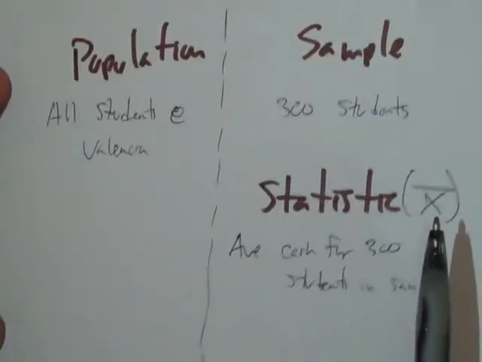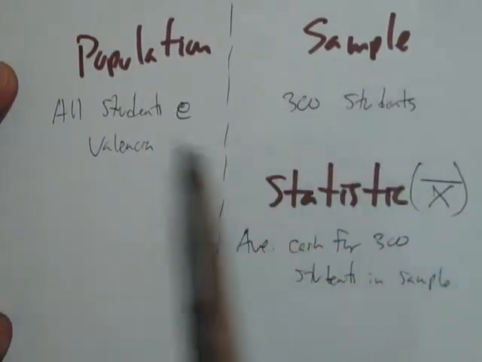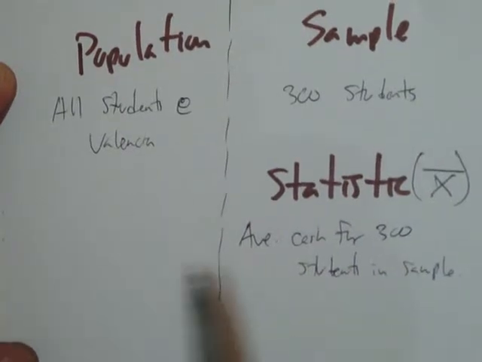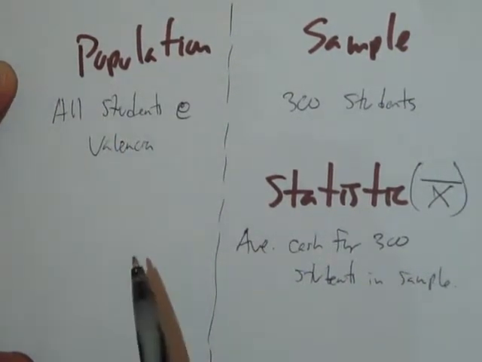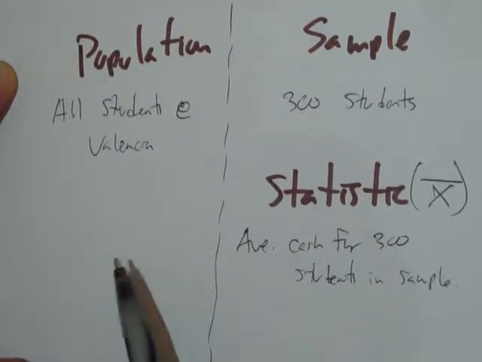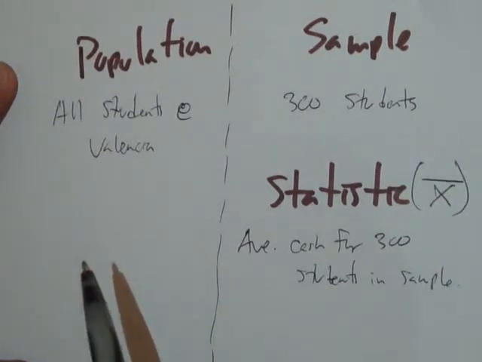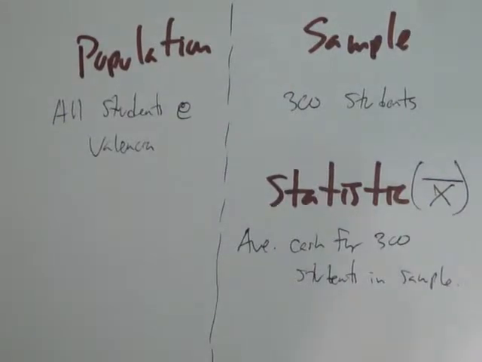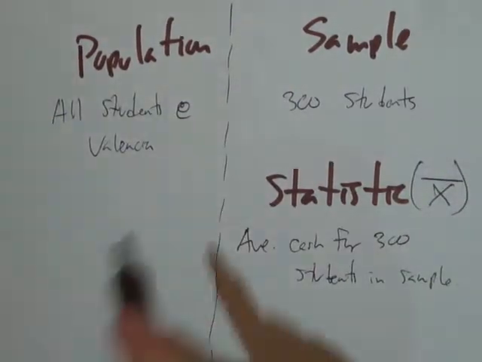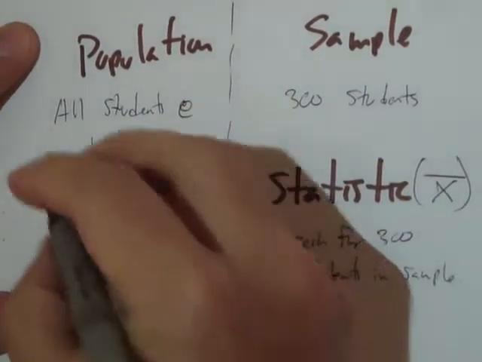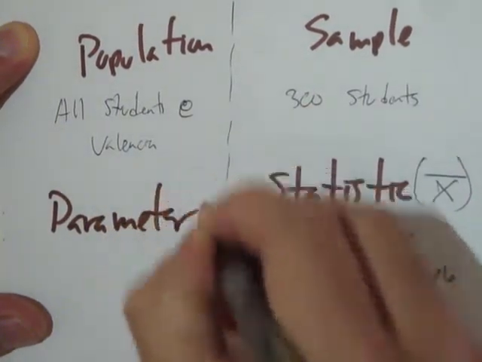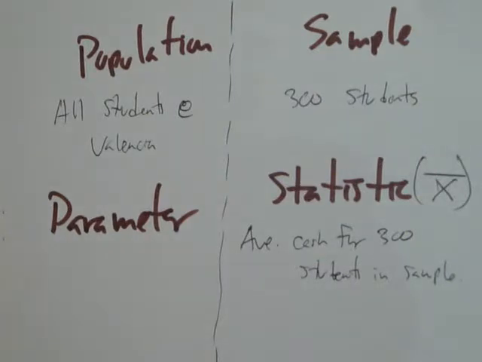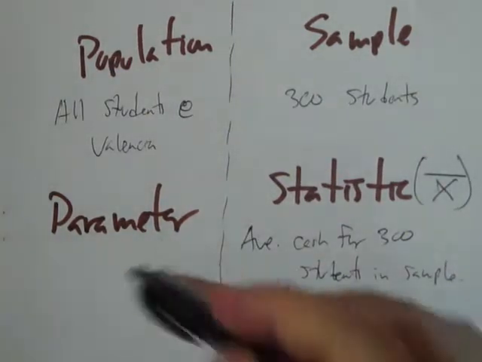Now what we're trying to estimate is the average amount of cash that the average person in the population has. That would be something that describes the population, and that's called a parameter. A parameter is something that describes the population.